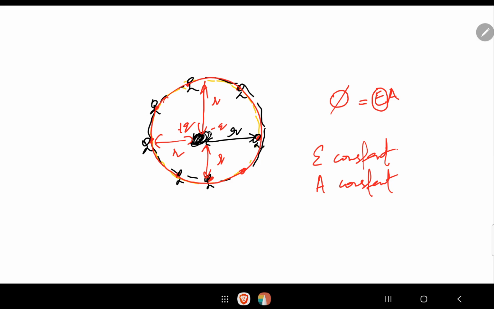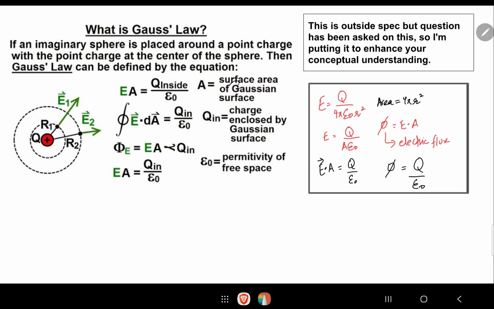If you see back here, A is the Gaussian surface, and the area of that Gaussian surface is constant. Along with that, the electric field is also constant. At R1 we have E1 as the electric field. That electric field is constant. Along with that, the area is constant. So those two things you have to keep in mind: the area and electric field are constant.